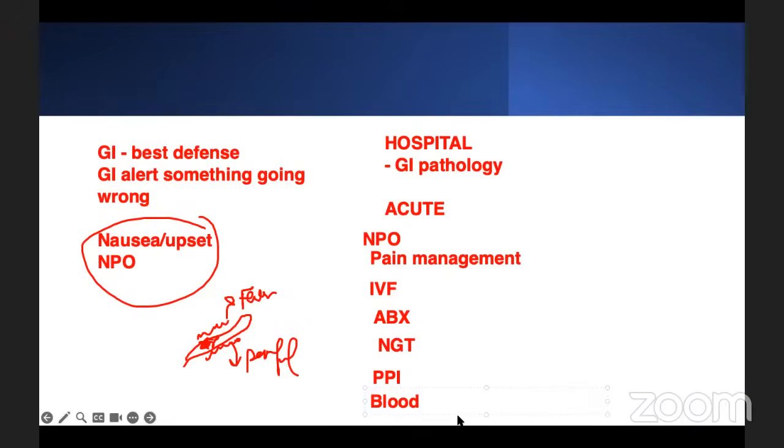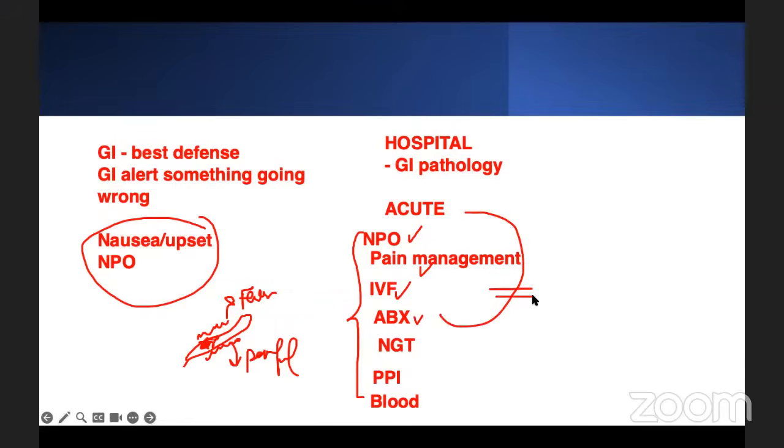So that's the key. These are your friends. Every time they give you a case form, look for this and see what you do for that patient. At least four of these, you have to do most of the time. You've got to make them NPO. You've got to give them pain medication. You've got to give them IV fluid and antibiotic. These four, you should not forget.